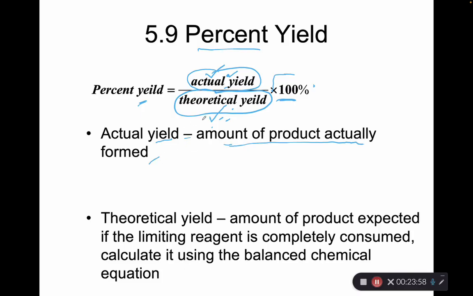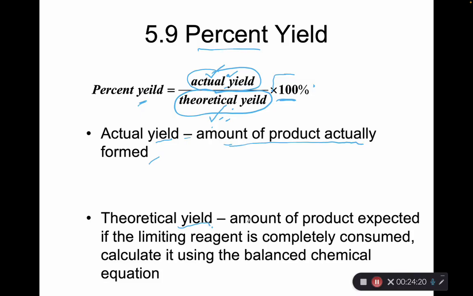Now, what is the theoretical yield? The theoretical yield is what we get from doing math. We theoretically consider that this much is the starting material's mass, so when the reaction occurs, this much product should be formed.